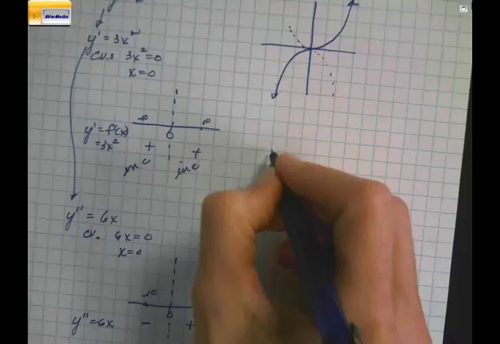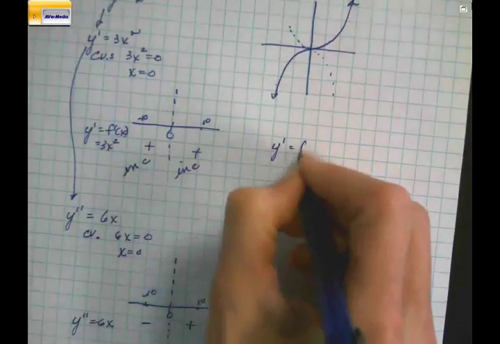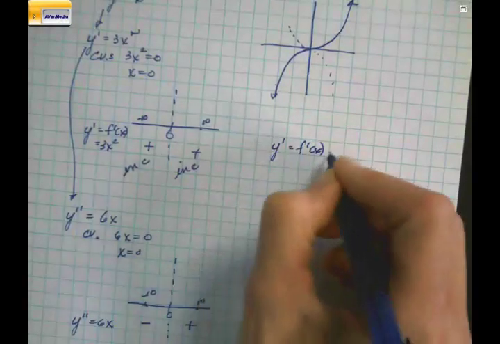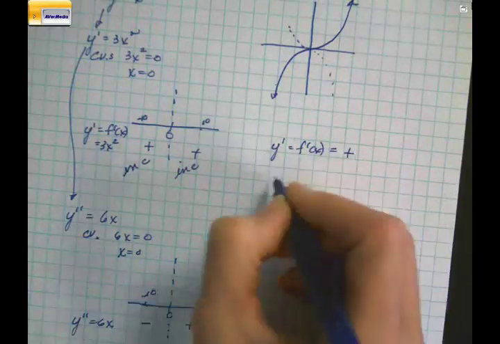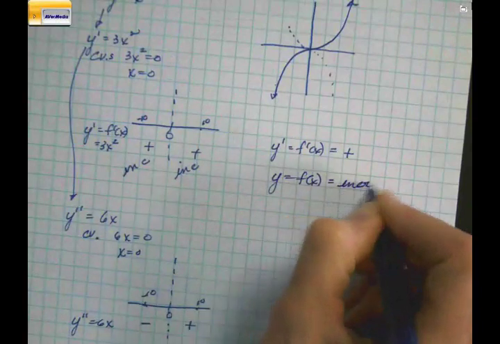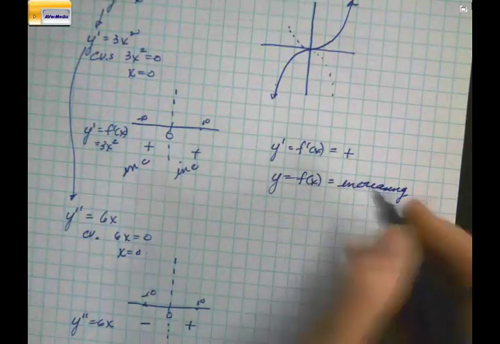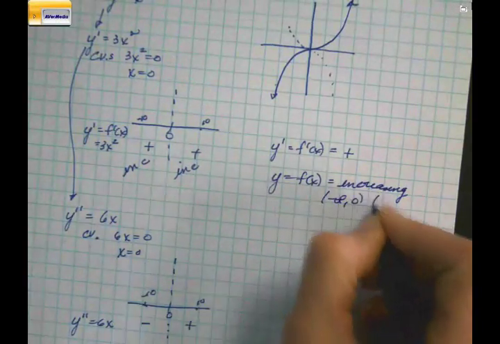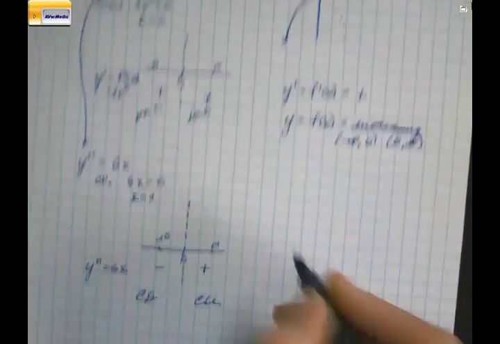So we can conclude that y prime, which is f prime of x, is always positive. So therefore, my function is increasing, except when we get rid of the 0, from negative infinity to 0 and 0 to infinity.